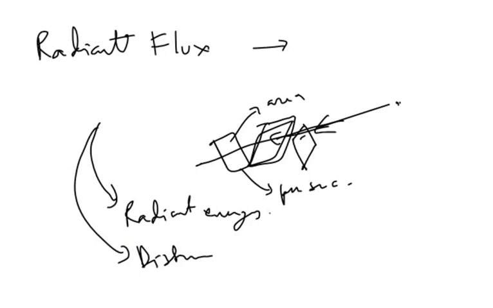Now suppose a star is at a distance r from us, this is our earth. Then the relation between the radiant flux and the luminosity of the star is how much?